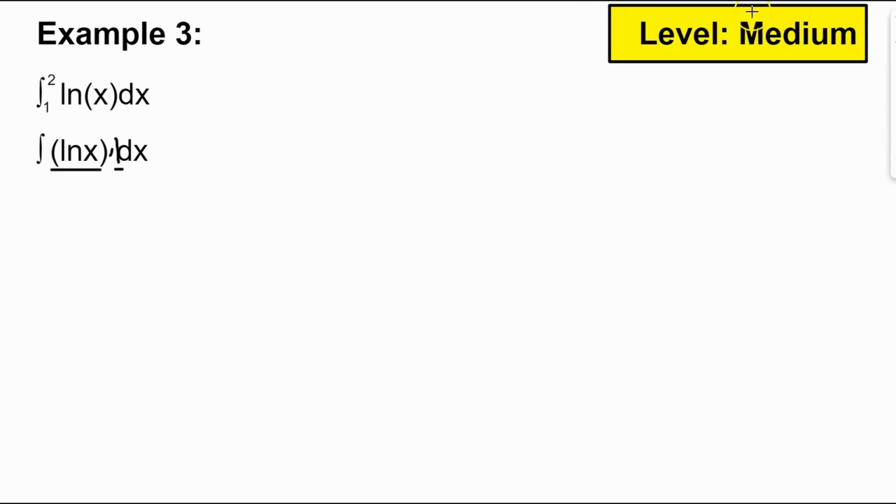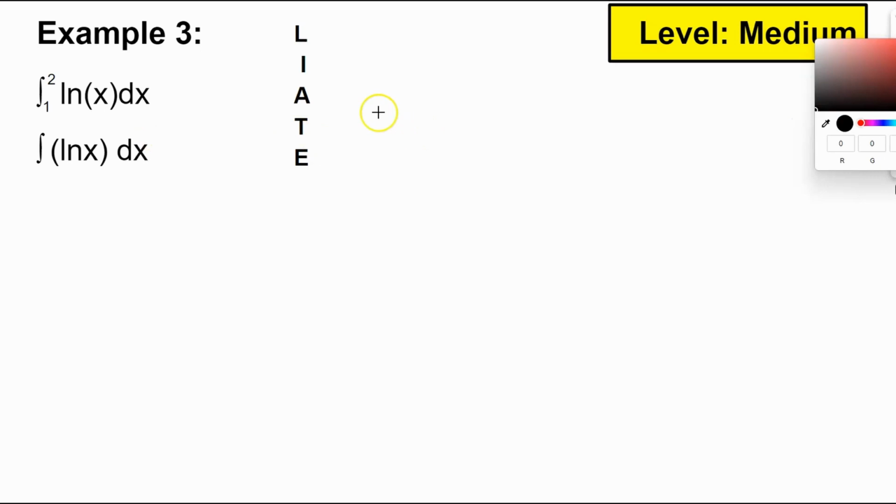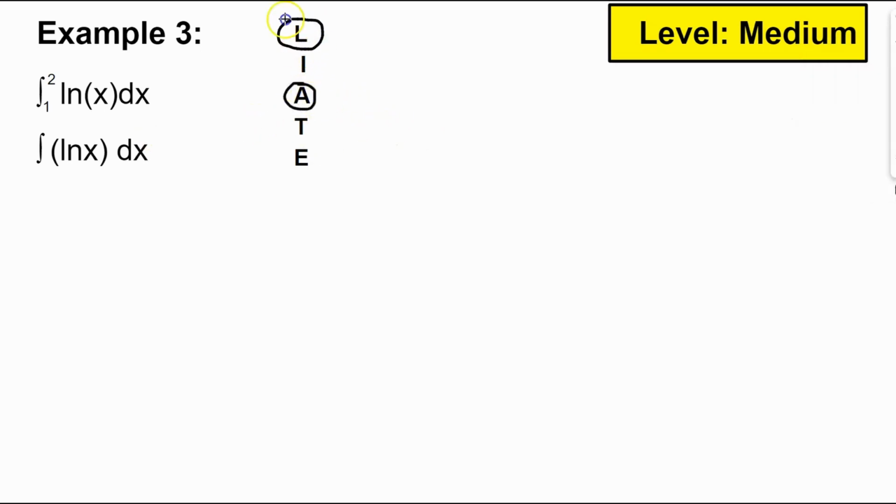So again, we're going to use the concept of LIATE. So let me pull up the chart again, and we have our functions ln of x and 1. So 1 is an algebraic function, and ln of x is a logarithmic function. So this time the algebraic function does not come first, the logarithmic does.